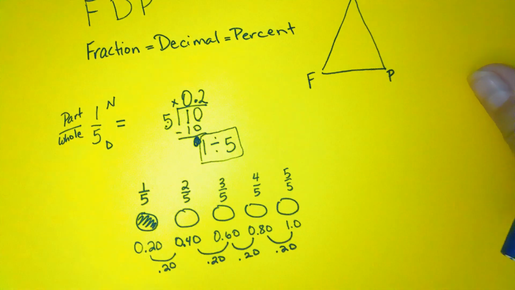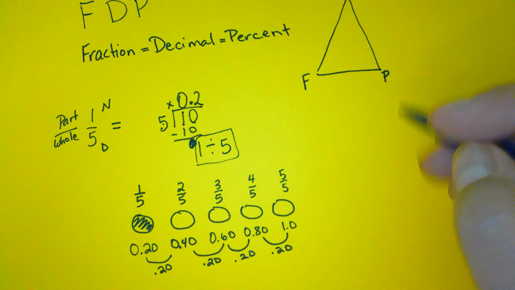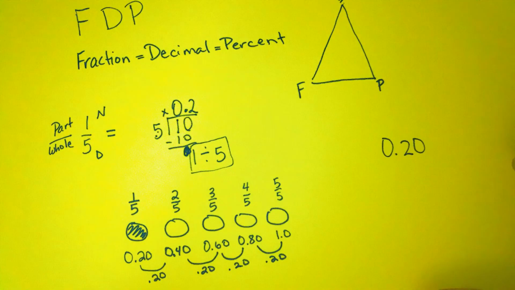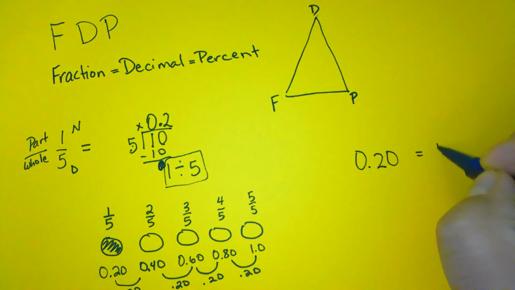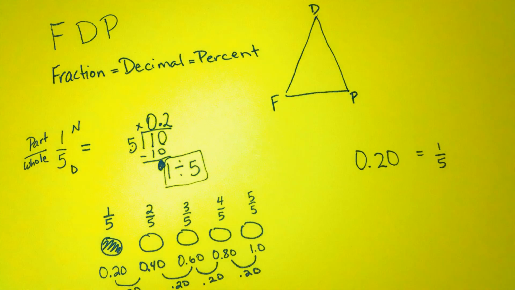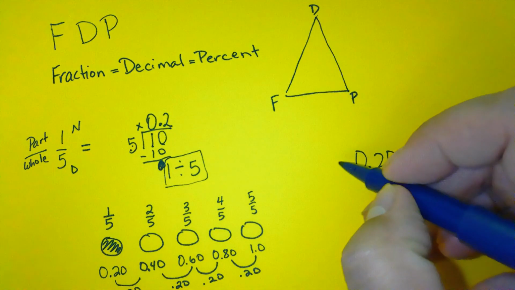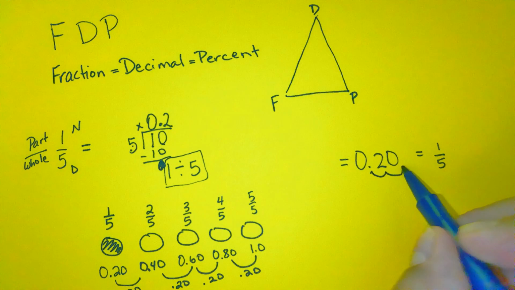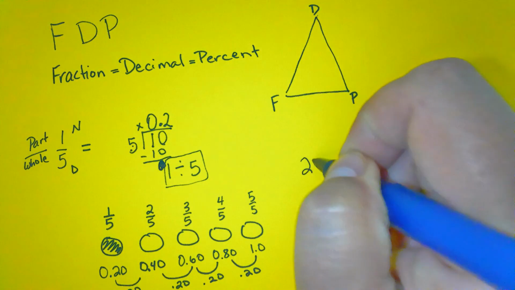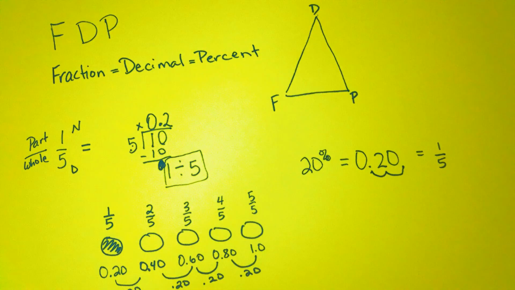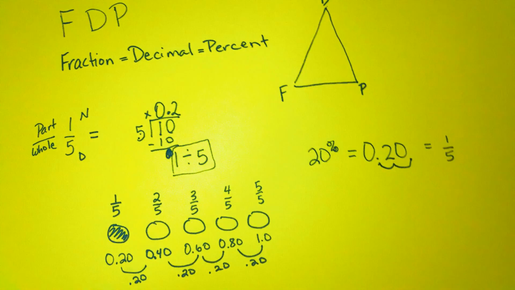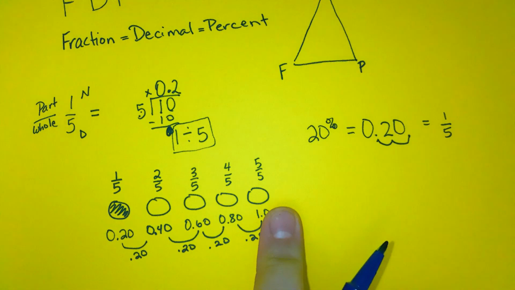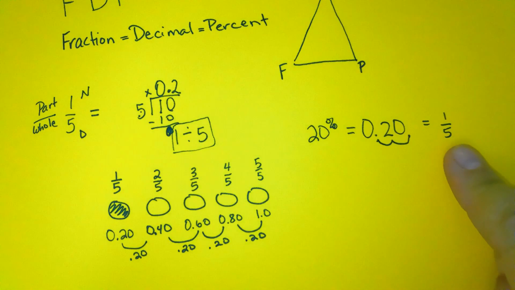Now, if I want to take this decimal, and I want to find out, remember this is equal to 1/5, how much percent it is, I'm going to move my decimal twice, and I have 20%. Now, if we look at it in the way of part to whole, 1/5 is 20%.